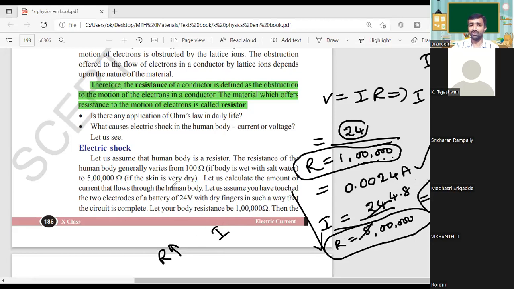Am I audible? Just anyone answer? The proportionality relation here. Are you there in the meeting?